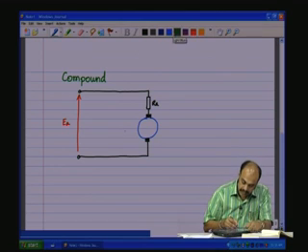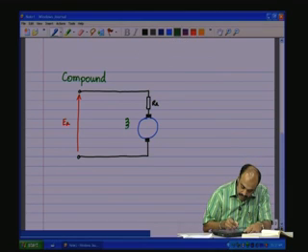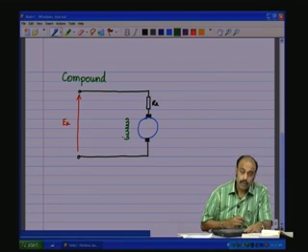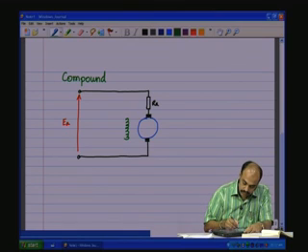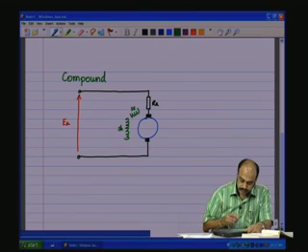and there are two windings. One will be the winding, we will call it the shunt winding, and then let us say there is another winding, let us call it the series winding.